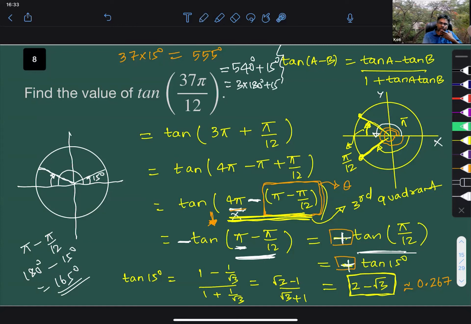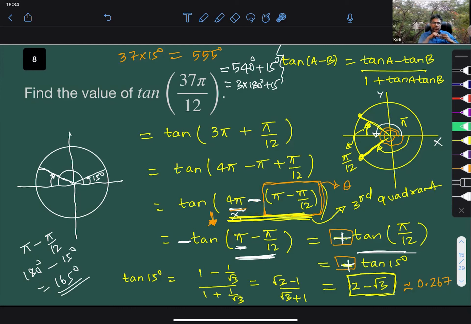If you're going 3 times 180, you start from here, 180 plus 180 plus 180, you are on the negative x axis. Then another 15, so you should go to the third quadrant. From here, this minus should be carried forward. I did not carry that forward, so that is why I went to the second quadrant instead of the third quadrant. That is where this minus sign is important.